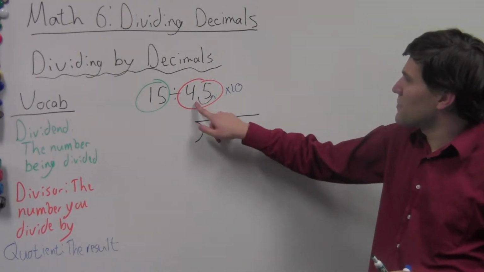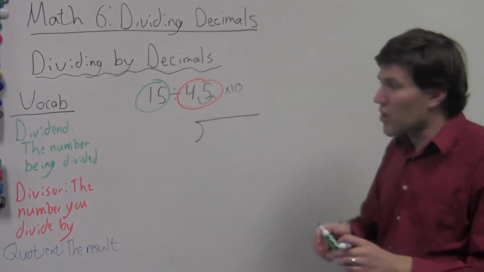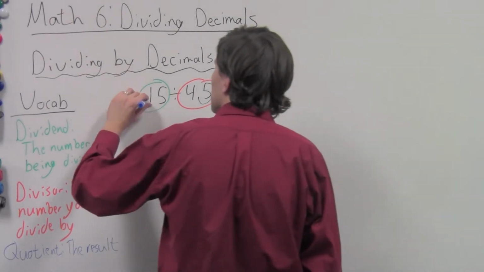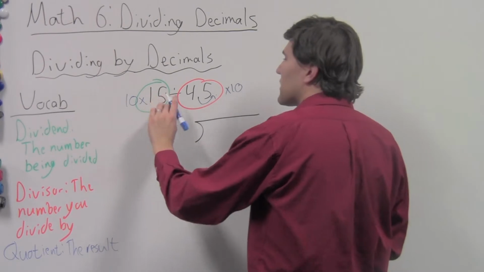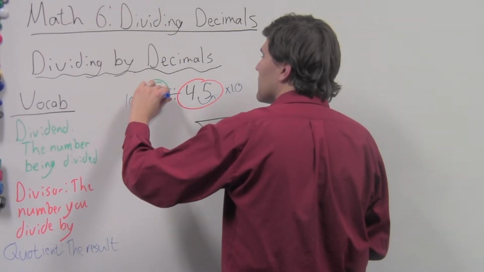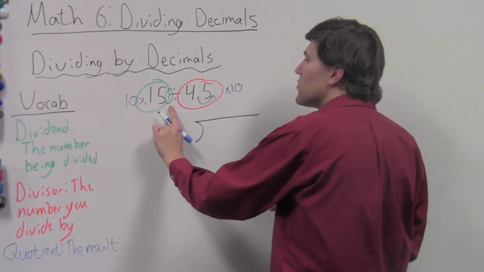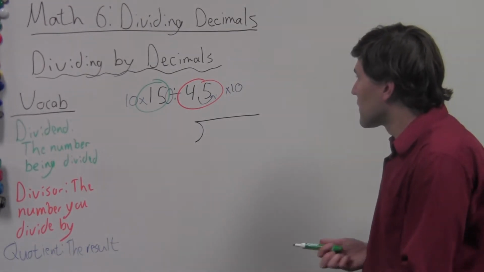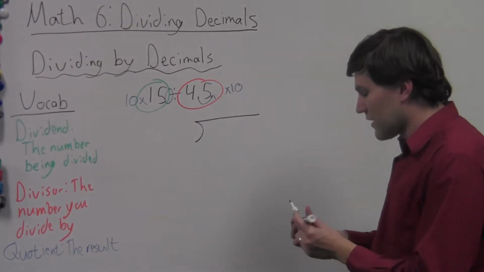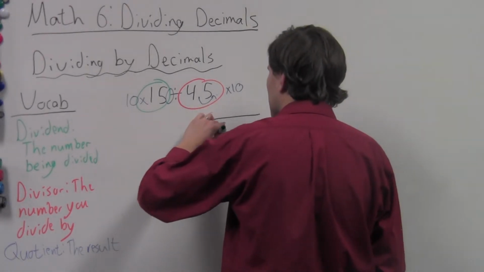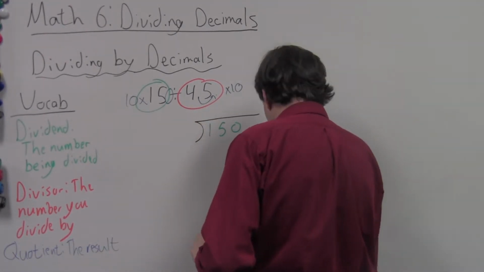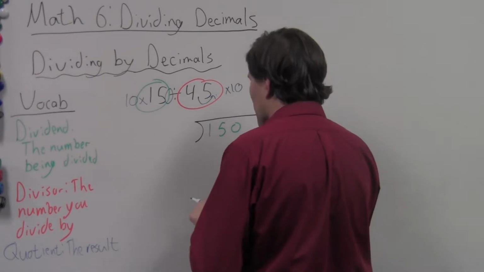If we multiply this by 10, that's going to change our problem, unless we multiply this by 10 as well. So we've got to move our decimal here as well. There's no place for our decimal to move, so we add a 0. This now becomes a division problem of 150 divided by 45.